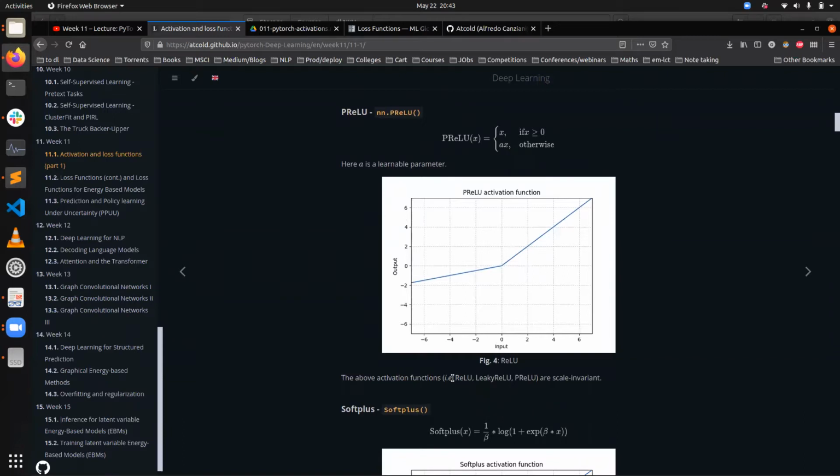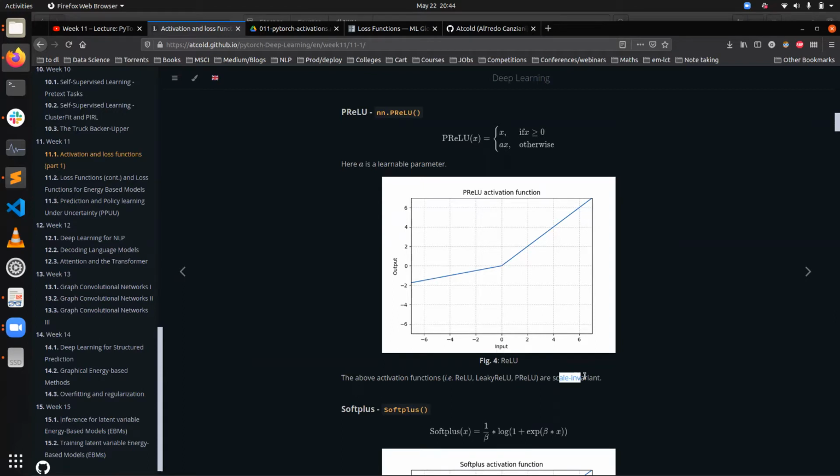The above activation functions are scale invariant. So what this means is, if you multiply your input signal by 2, the output signal also gets multiplied by 2. I think that's what it means, since it just has a single kink.